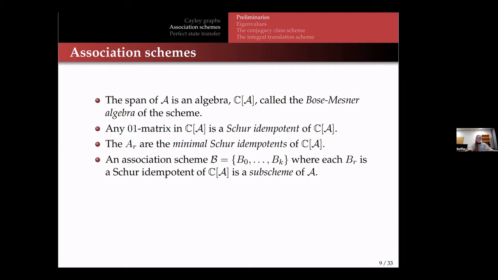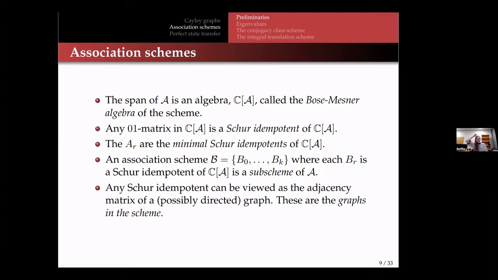So we have this whole algebra here. We're mainly interested in the 0-1 matrices, in these Schur idempotents in the algebra. And actually, because these are 0-1 matrices, we can think of them as the adjacency matrices of a graph or a directed graph.